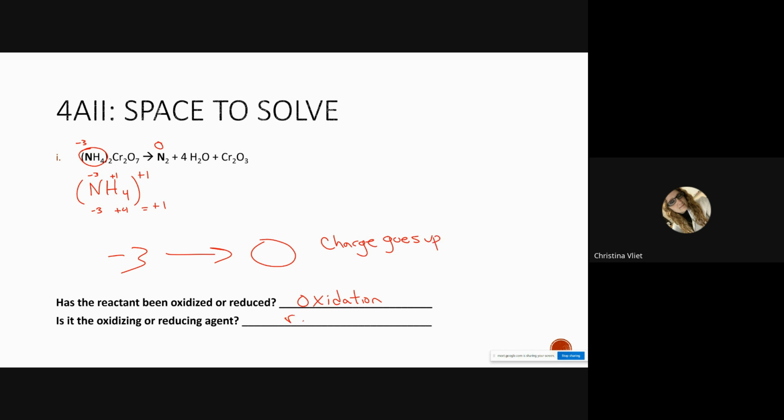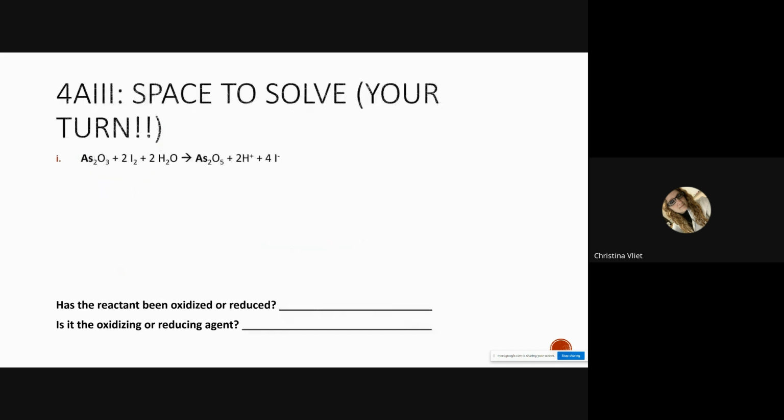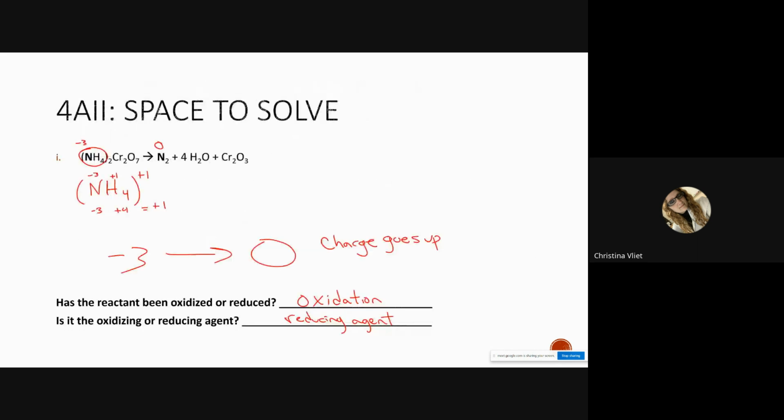Reducing agent. It's lost electrons from -3 to 0. Alright, I think we've got one more and then we get to look at some Cambridge questions.